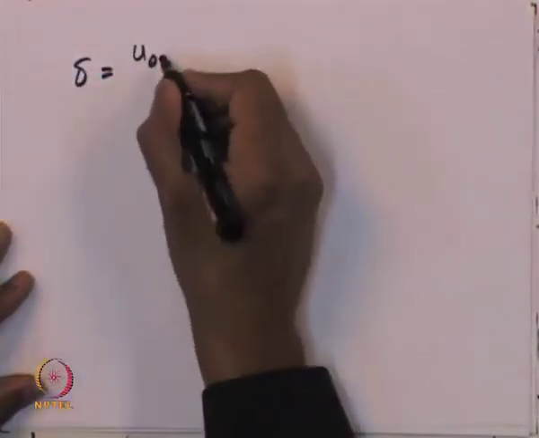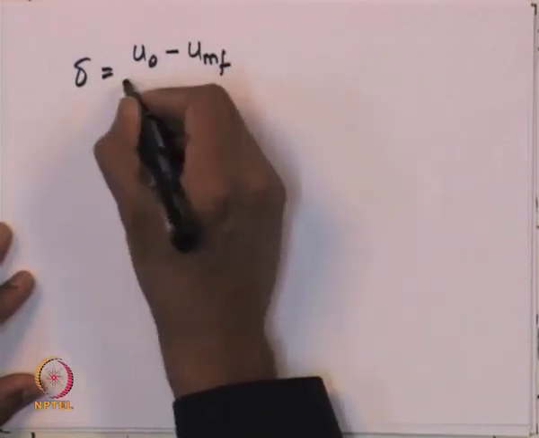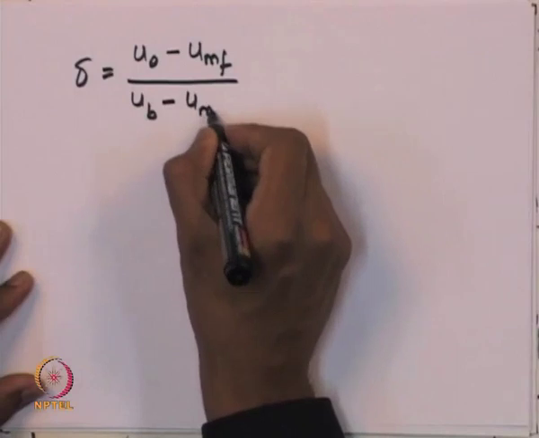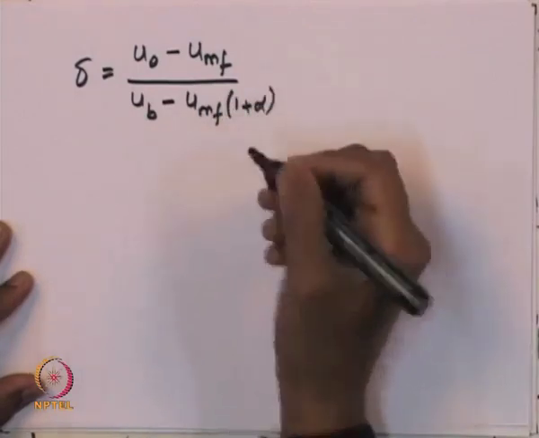So delta is now given by U naught, which is the superficial velocity, minus UMF, which is the minimum fluidization velocity, divided by UB minus UMF into 1 plus alpha.